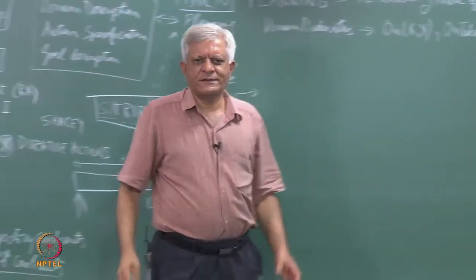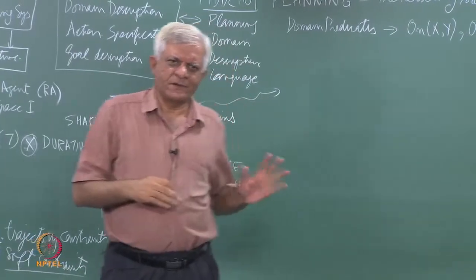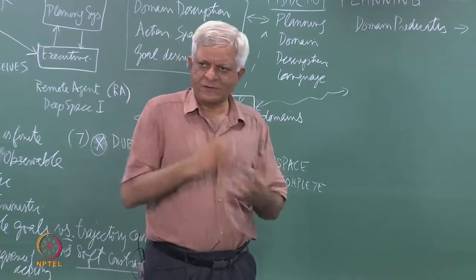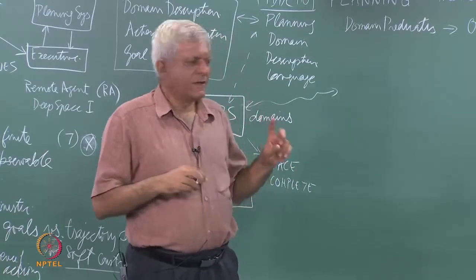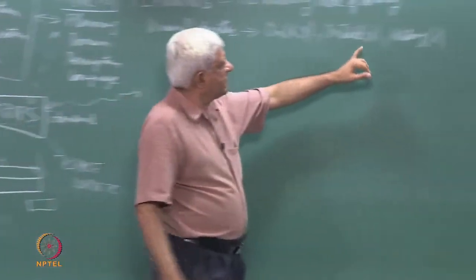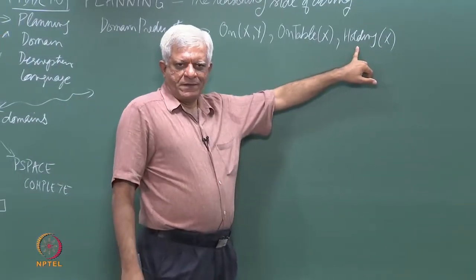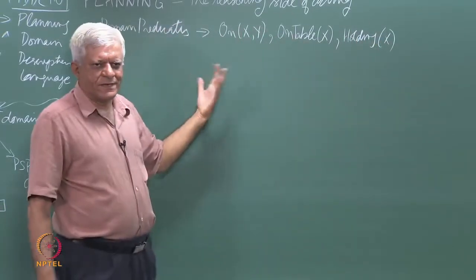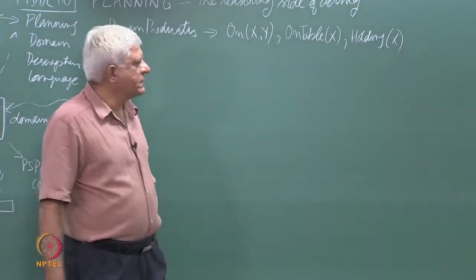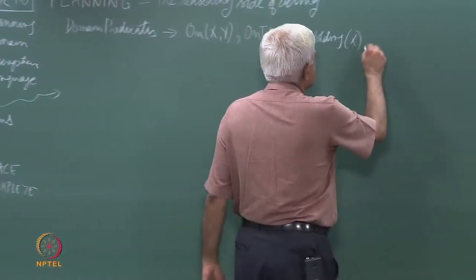We assume that there is a one armed robot which is moving the blocks around. So, that one armed robot can hold one block, and that is described by this predicate saying holding block x. So, this x y would be filled up with constants in a real problem essentially.